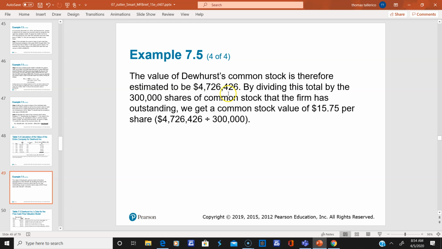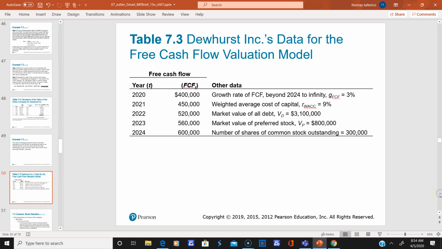By dividing this total by the 300,000 shares, we get a value per share, and we end up with $15.75 per share. So that's how one uses the free cash flow model. It's a little more complicated, but you should go over that several times in your book.